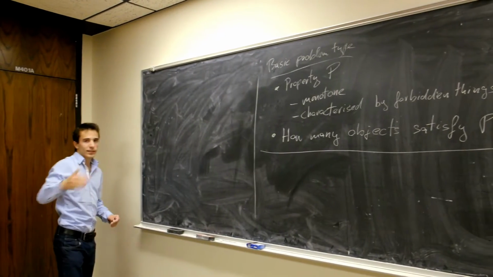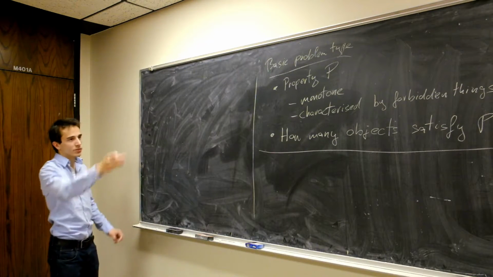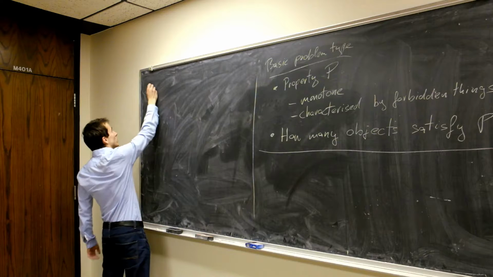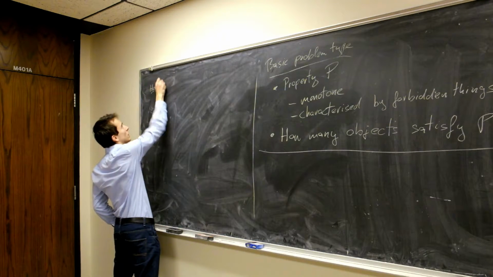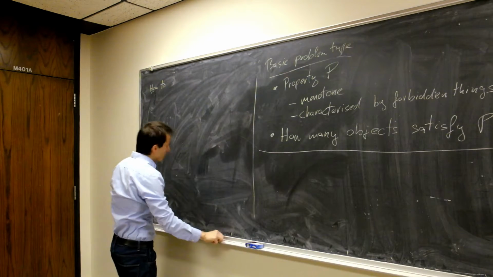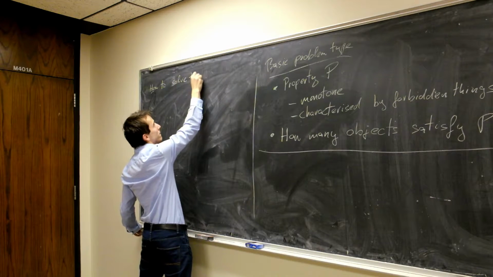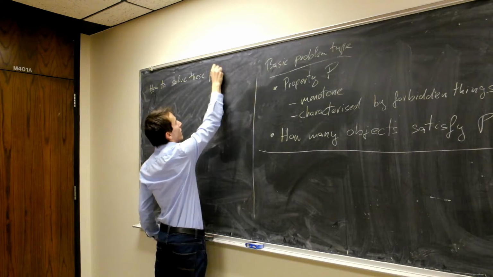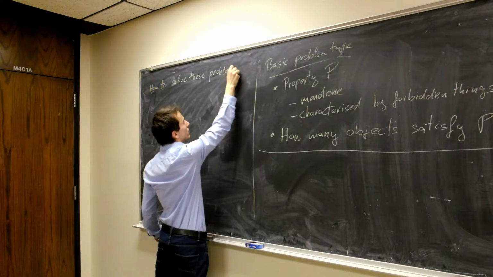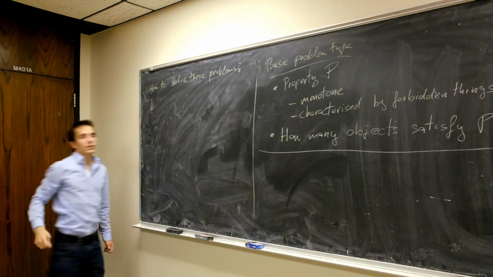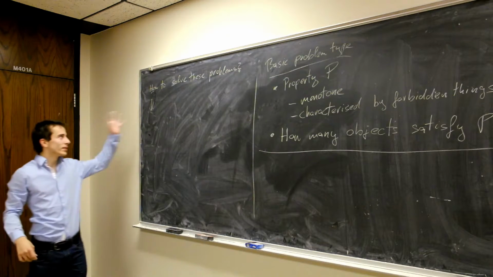And if you manage to go through these 3 stages, then you will get a reasonably good answer to your question. So, how to solve these problems? Using container method. So every container method proof contains these 3 stages.